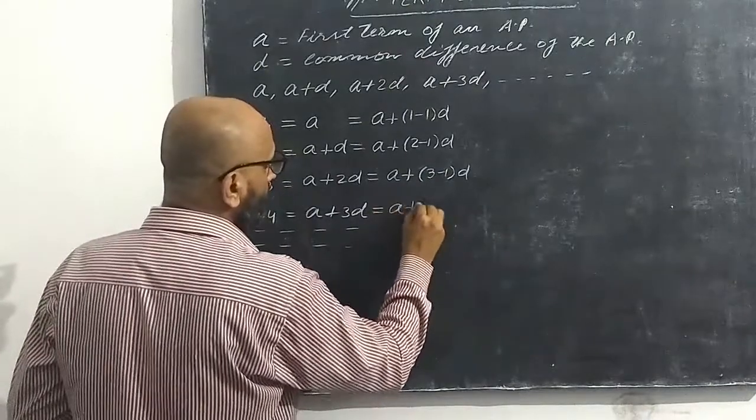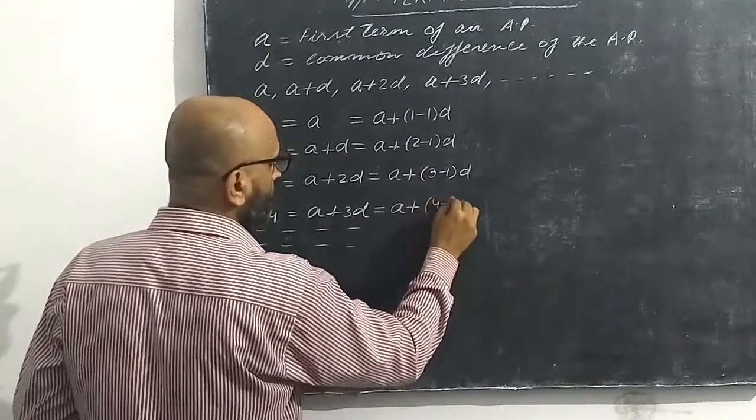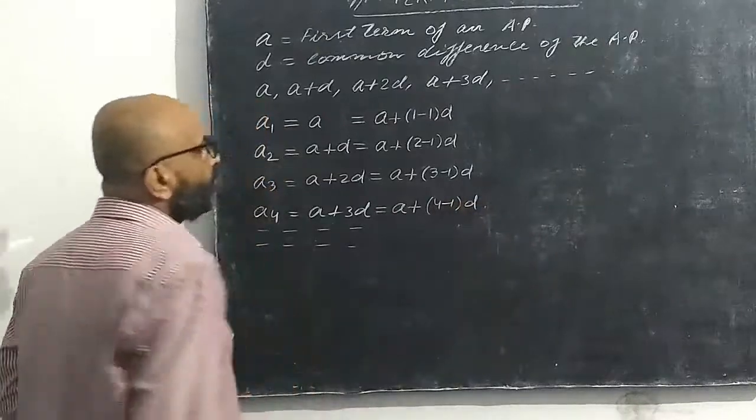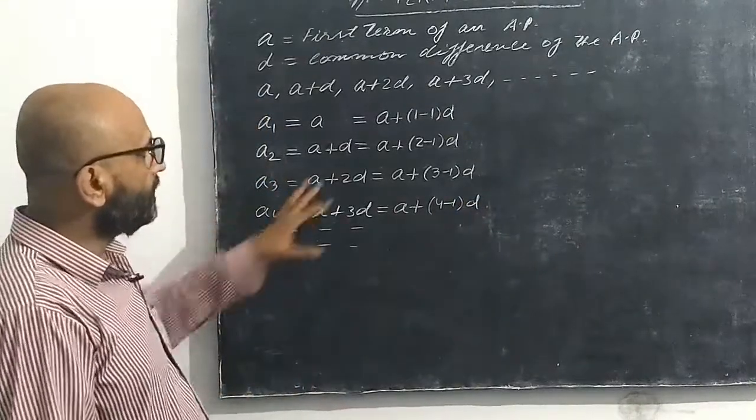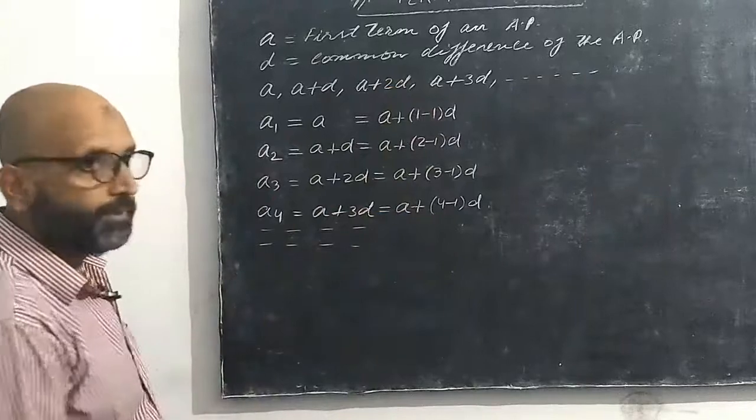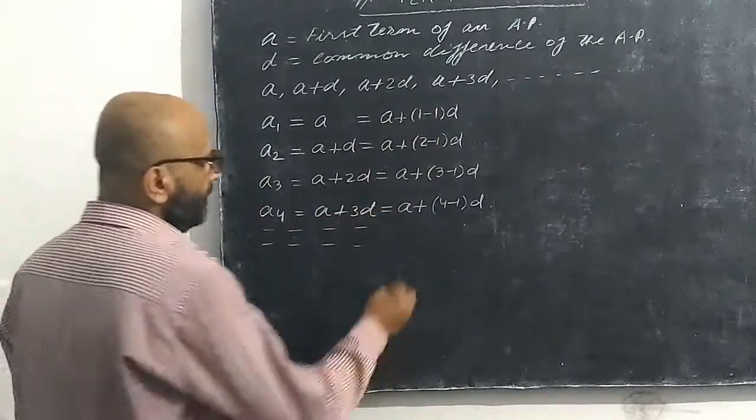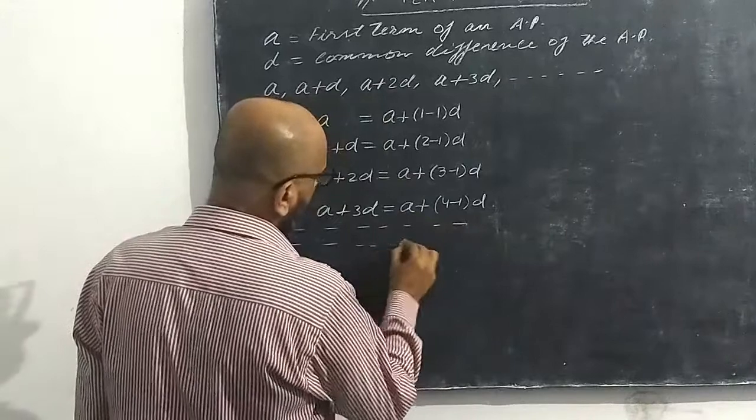A plus 3D may be written as A plus (4 minus 1) into D. So after writing these terms in this fashion, we observe the pattern and we generalize the term.